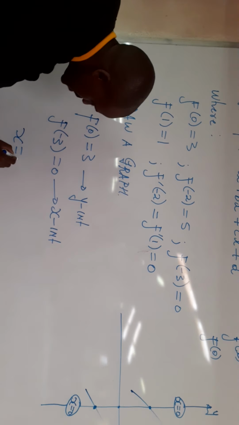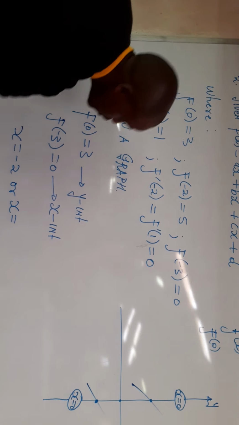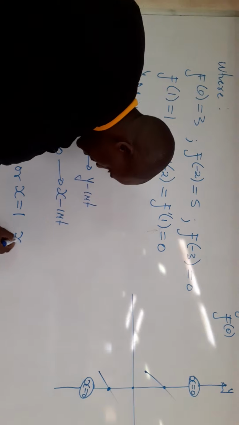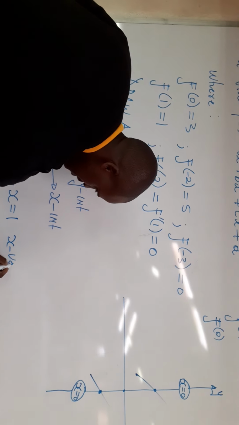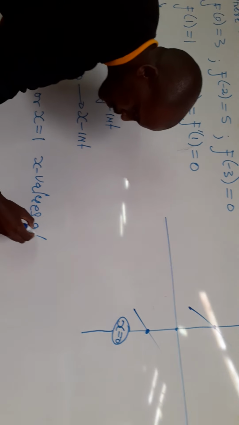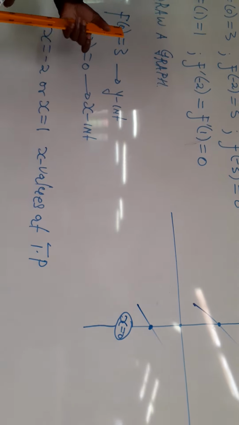X is equal to negative 2 or x is equal to 1. These are the x values at the turning point.